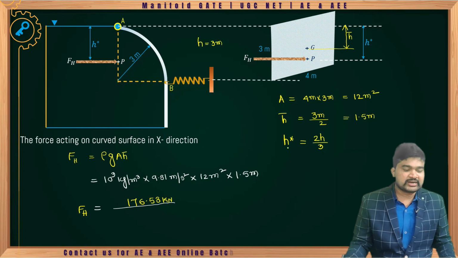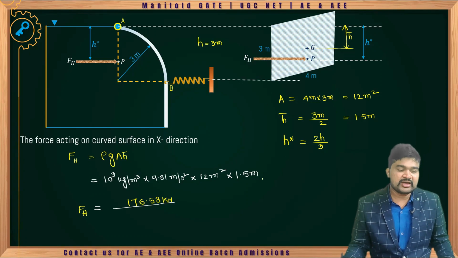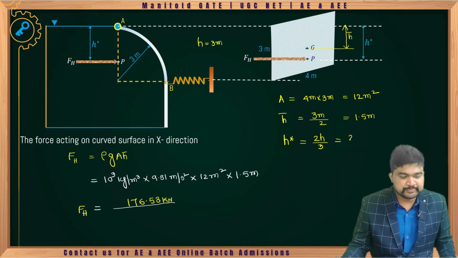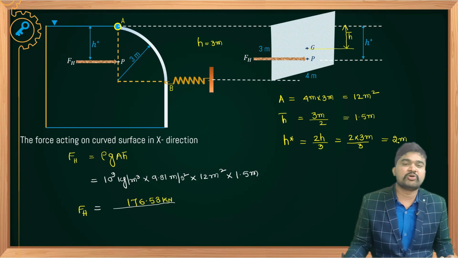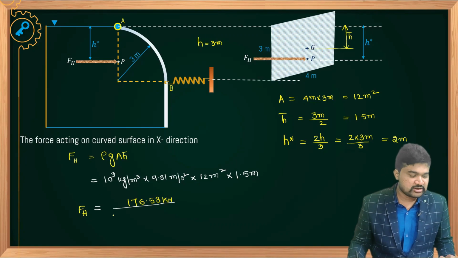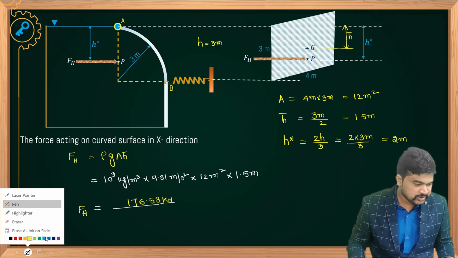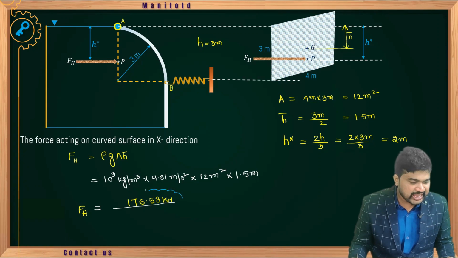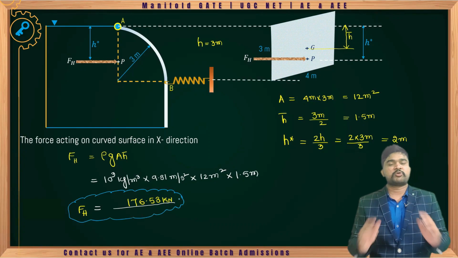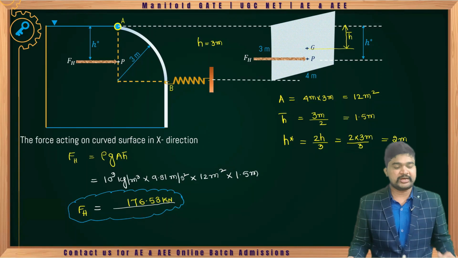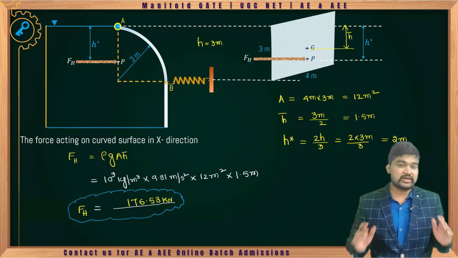So 2 times 3 meter by 3 equals 2 meter. So you will get h star equal to 2 meter. FH, the horizontal force acting along x direction, is 176.58 kilonewton.